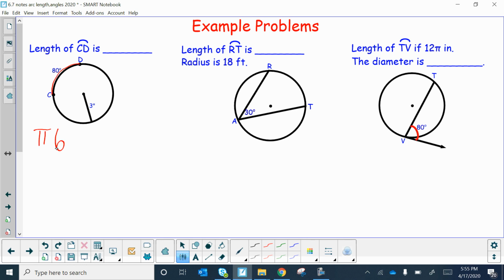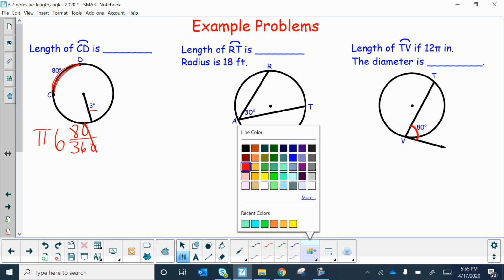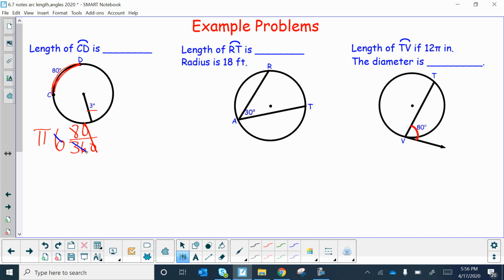And then times 80 over 360. I can leave it in the exact answer, or I can put it in an estimate. Remember, I'm finding the length in inches because that's what the radius is right here. So let's see, we have 6 that can cancel out with 36.